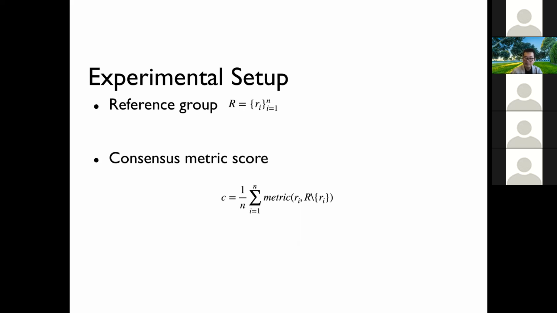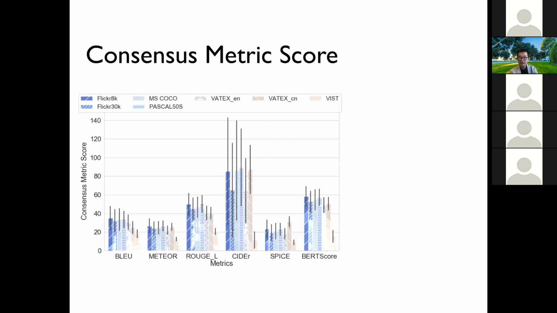But in this experiment, to look at the variability, we take one human reference and use it to verify against the other human references and look at overlap. This will give us an idea if there's any consensus among the annotators. And if there's no overlap, well, then it might not be good.